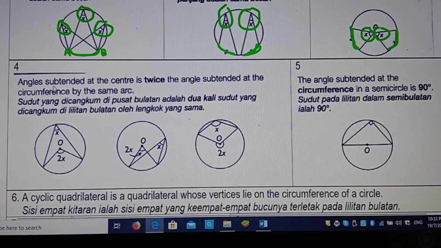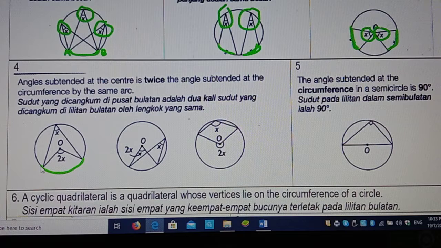Okay, number 4, angle subtended at center is twice the angle subtended at circumference by same arc. Now we want to relate between angle at circumference and central angle. So if they are coming from the same arc, this central angle and this angle of circumference, we can say that angle at the center is 2 times angle at circumference.